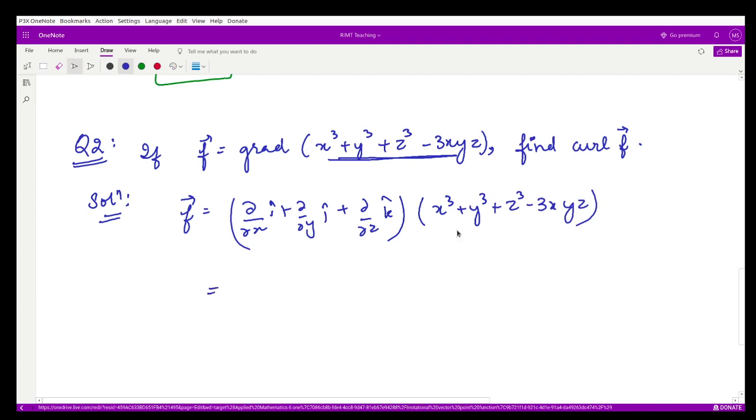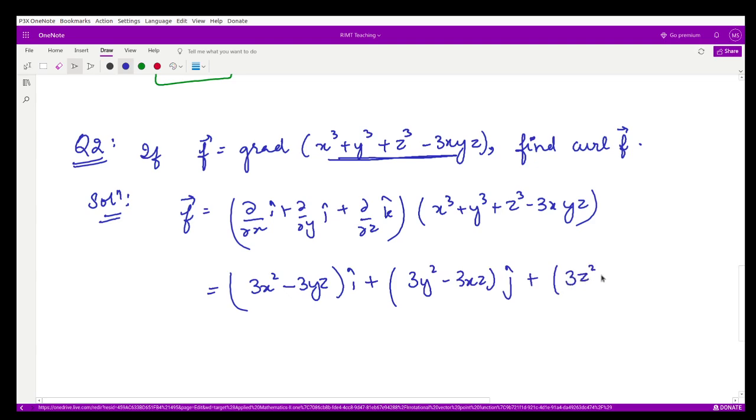When you take the partial derivative with respect to x, you obtain 3x square minus 3yz into i cap. When you take its partial derivative with respect to y, it comes out to be this quantity, and when you take it with respect to z, you obtain this quantity, right? So this is your vector f.